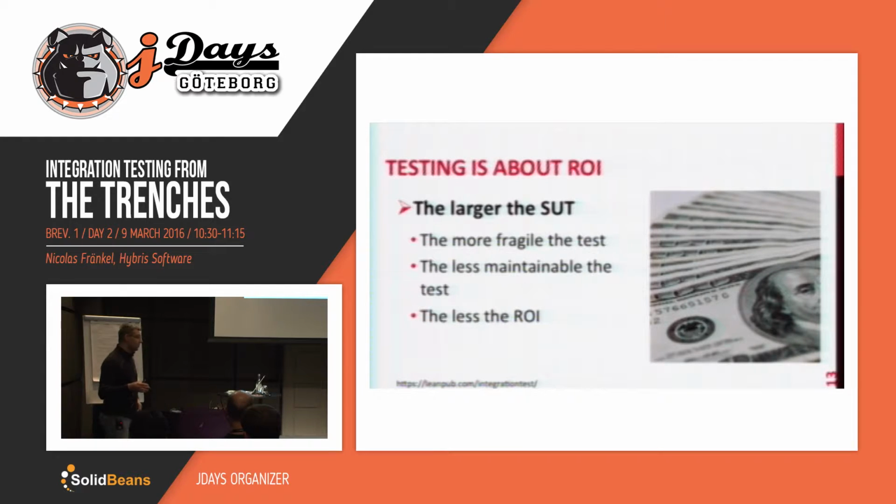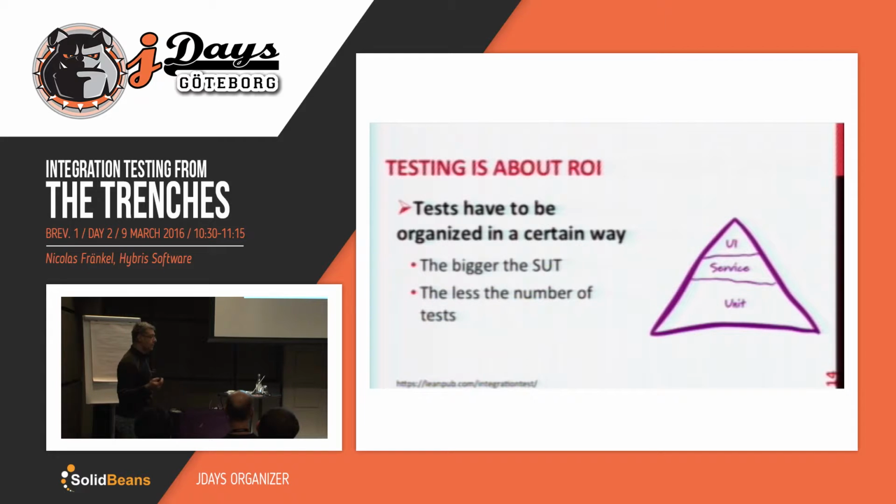So that means that you should probably think about the system under test on every one of your integration tests. And especially, you should probably organize your tests in a pyramidal way, meaning that you have many unit tests at the bottom, which are very reliable.